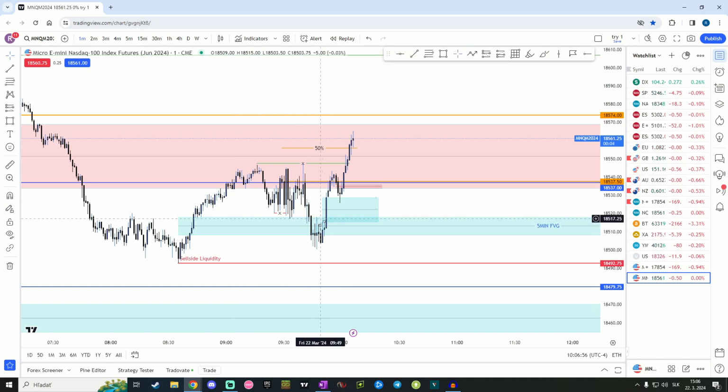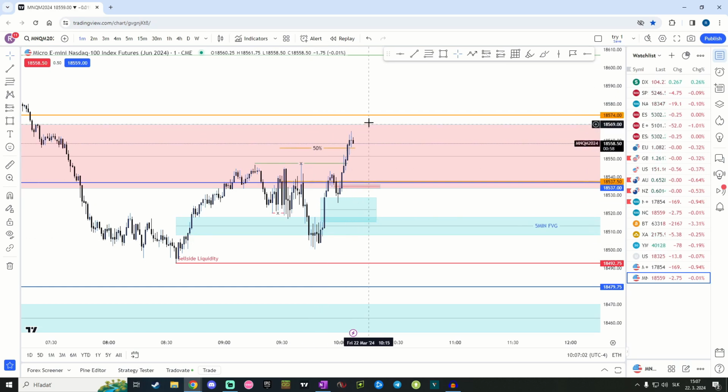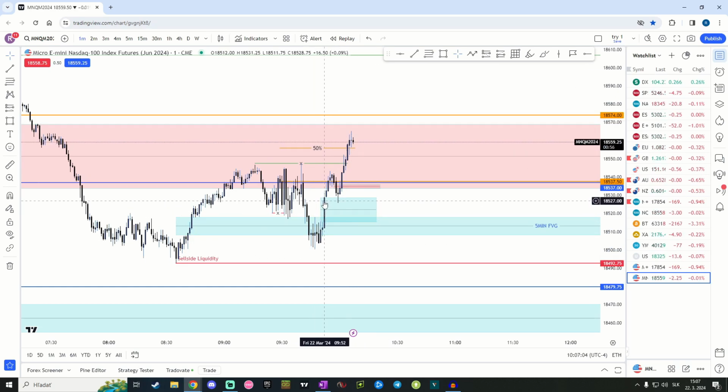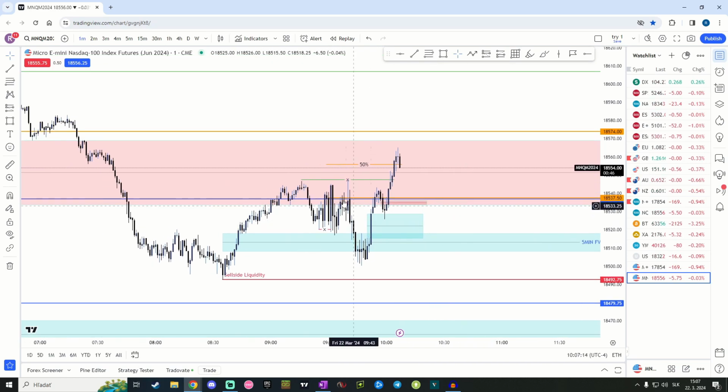And as we can see, it really respected the fair value gap, just went down a little bit and then had the opposite directional move, then had a big displacement, then traded back in this PC just a tiny bit, and then immediately going for these highs deeper in this 1 hour fair value gap.